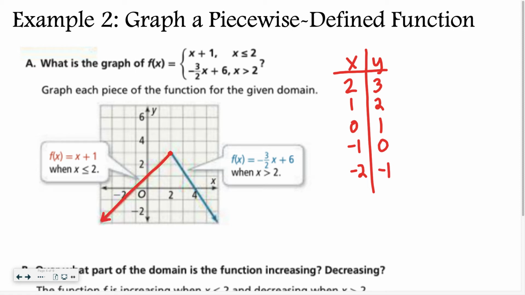Okay? And then, if we look at the other line, we have negative 3 halves x plus 6, when x is greater than 2. So again, if you make x, y, and I'm going with greater than 2, what I can do is draw an open circle at 2, and if I plug 2 in, I would have 3.